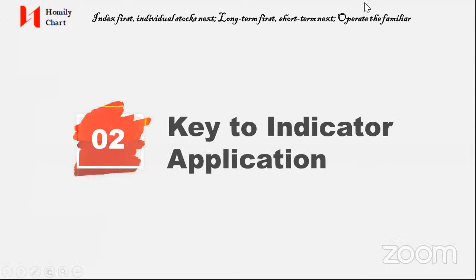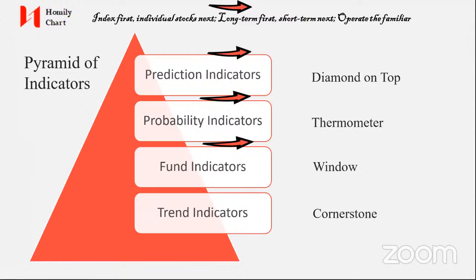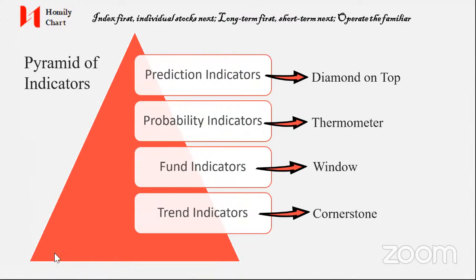Okay, so in order to lead you into the right direction to apply indicators, you need to know the key to indicator application. Firstly, you need to know indicators have different categories. So just now I mentioned the basic model for indicator combination is trend plus fund, right?